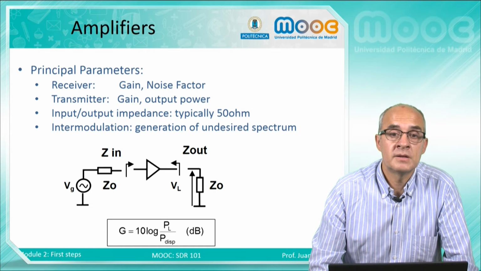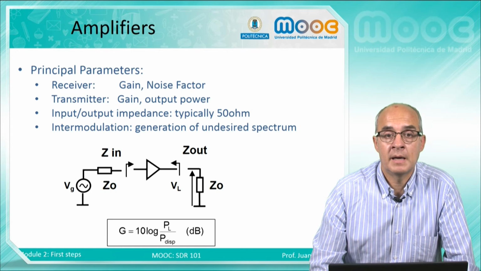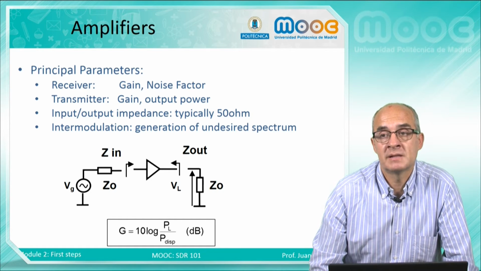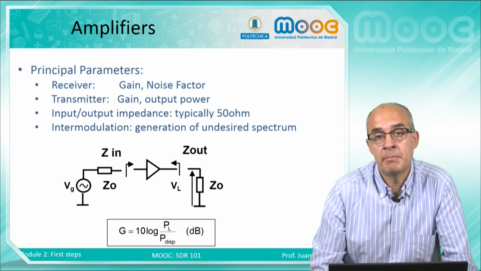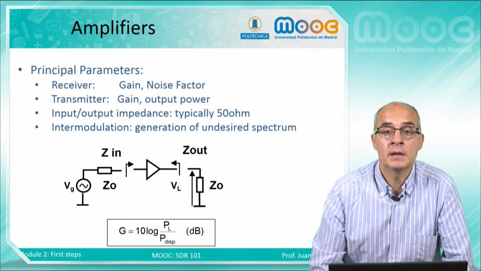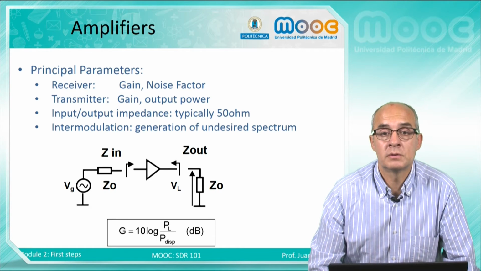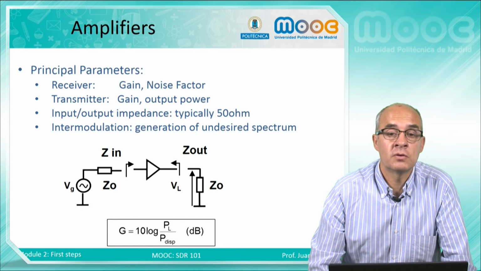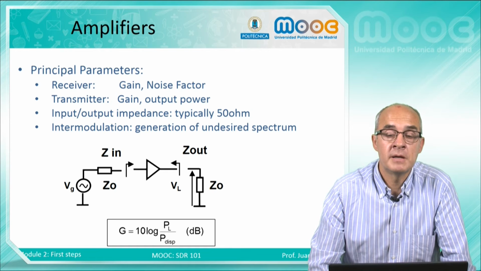On the other hand, in the transmitter part, we have the output power amplifier. This amplifier must give a medium or high power output to get a good transmitter. In both amplifiers, and for software-defined radio, intermodulation is very important.